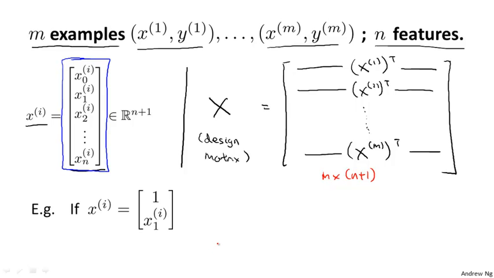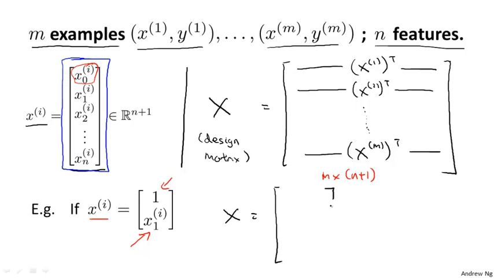As a concrete example, let's say I have really only one feature other than x0, which is always equal to 1. So if my feature vectors xi are equal to 1, which is x0, and then some feature like the size of the house, then my design matrix X would be equal to this.